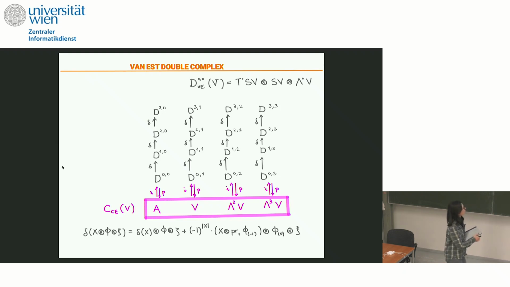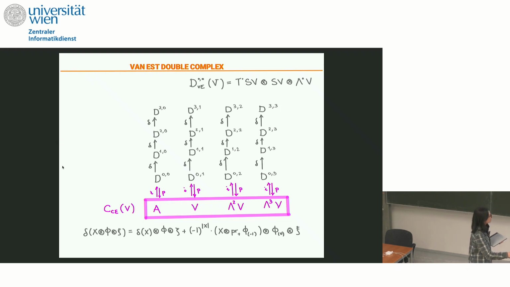What do I mean? What do I have to do here to get a differential? I have to now increase the tensor algebra degree, right? So if I want to increase the tensor algebra degree, I have two possibilities. Either I act on X with the coalgebra differential. Here it is, the first one.